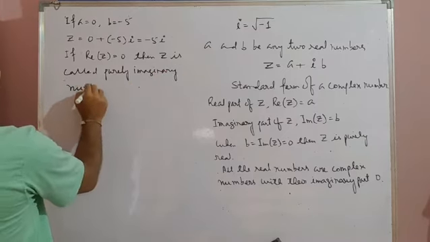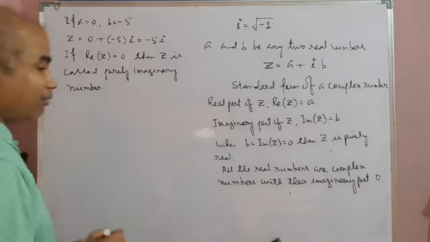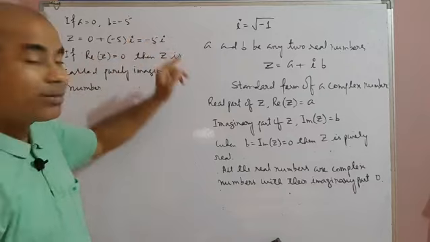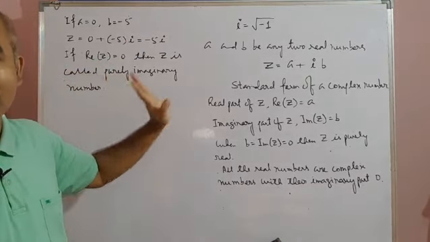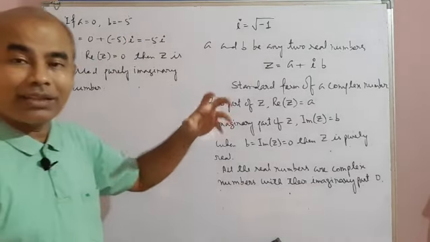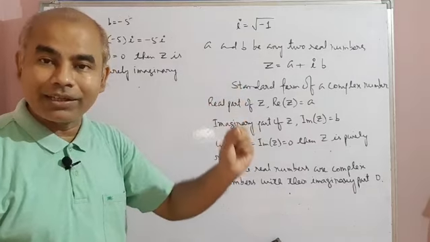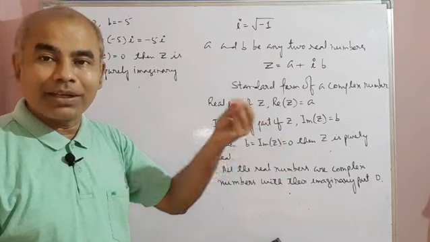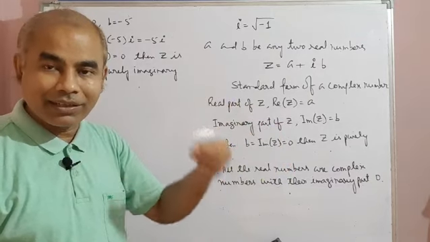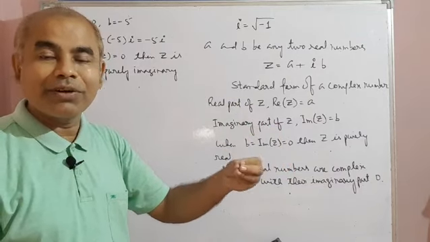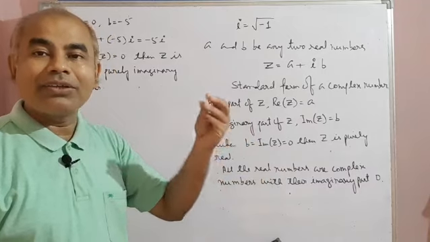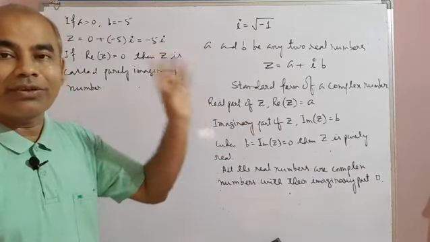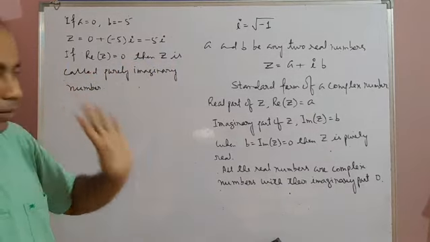When the real part of the complex number is 0 and the imaginary part is any non-zero real number, the complex number will be any non-zero real number into i. That can be a natural number into i, a non-zero integer into i, a fraction into i, or an irrational number into i. When it is like that, it is called a purely imaginary number.